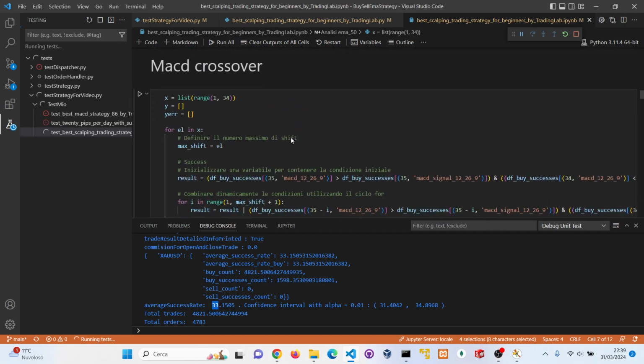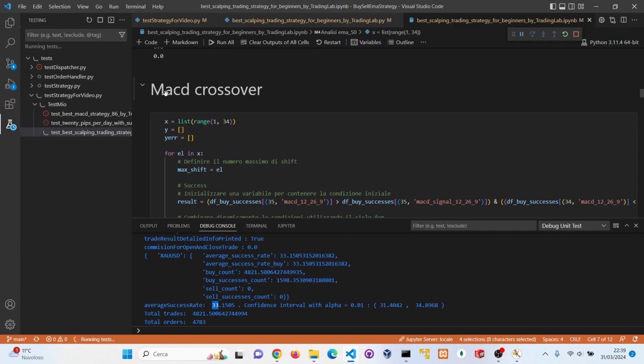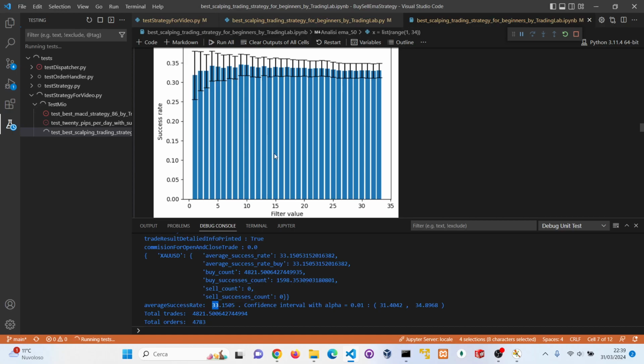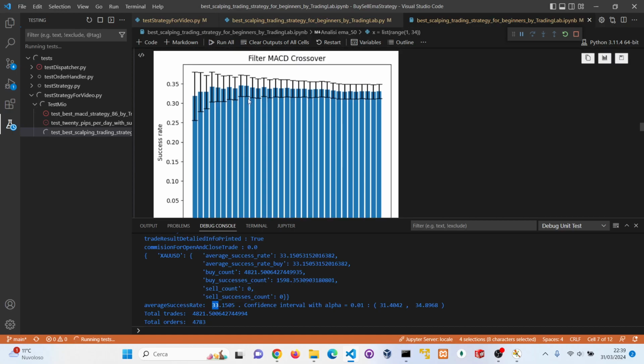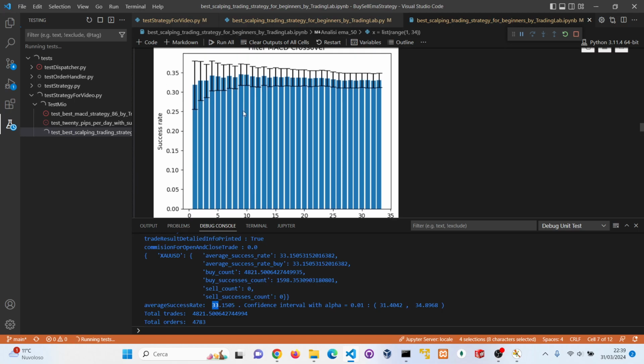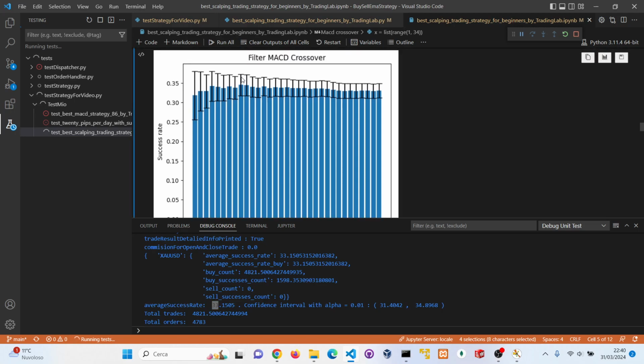And I tried to check if there was at least one MACD crossover in the previous candles, and from this histogram I can see that if you check if there is at least one MACD crossover in the 10 candles before the signal, before the engulfing candle, you would have been profitable.